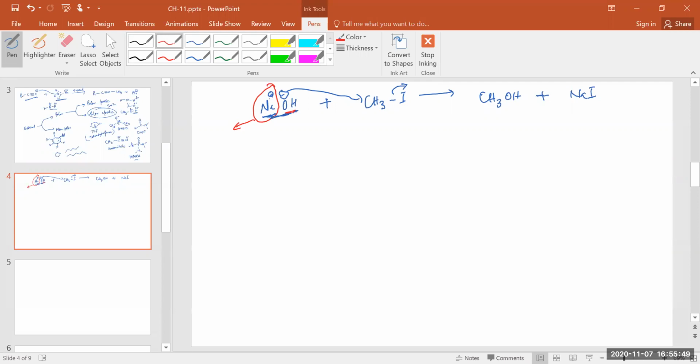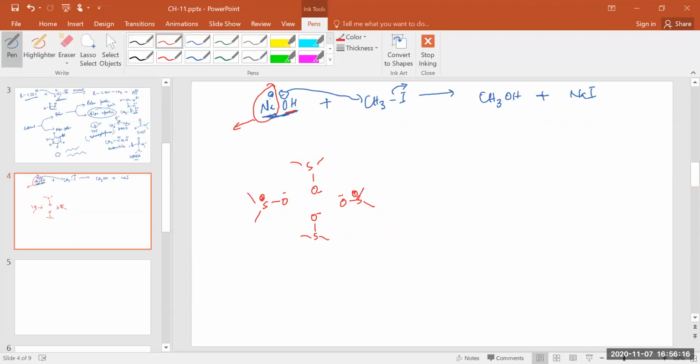For this, you need a polar aprotic solvent. Suppose you have DMSO, like this one.